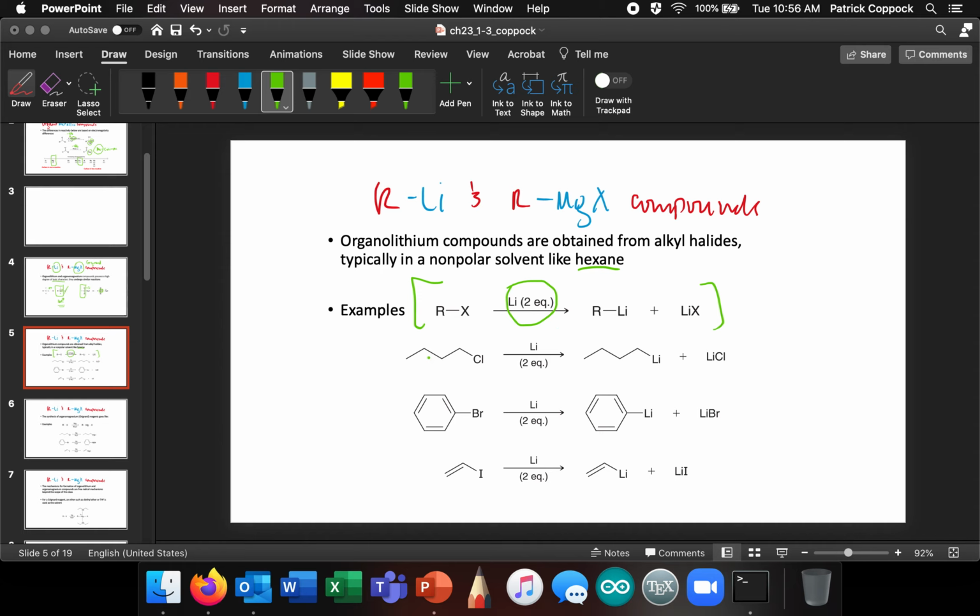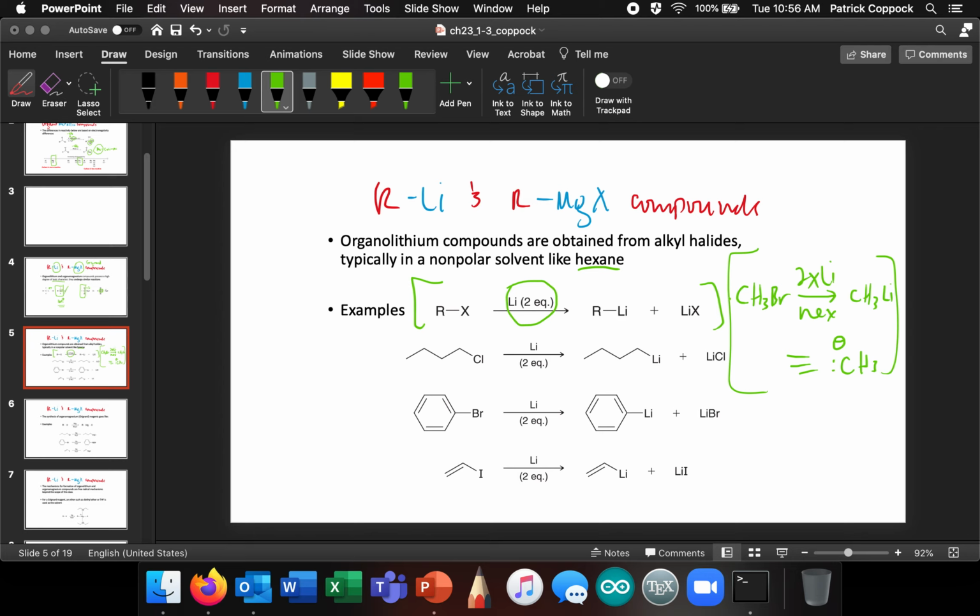The example might be CH3Br. With 2 equivalents of lithium in hexane, we get CH3Li, which is the same thing as CH3 as a nucleophile. You need to memorize that.